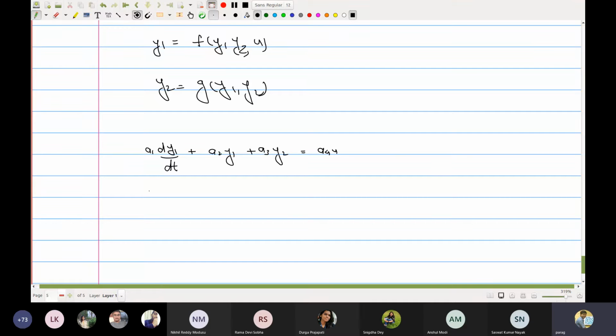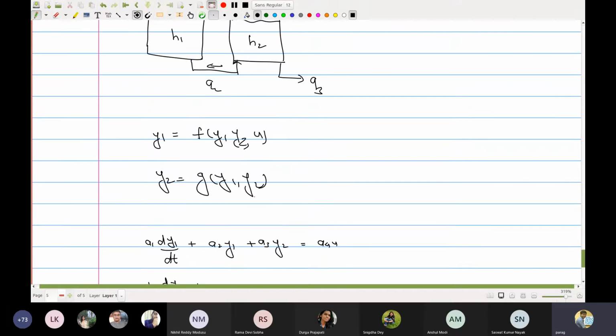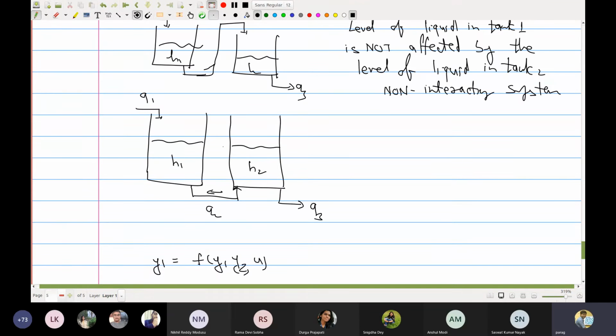But in case of the second one, B1 dy2 by dt, the only input or disturbance variable that you have is this one, right? So there won't be any u term.